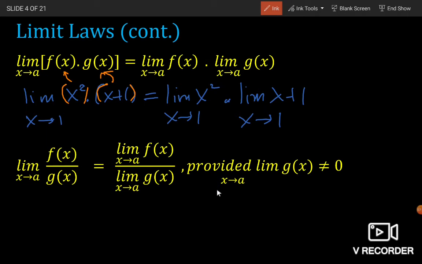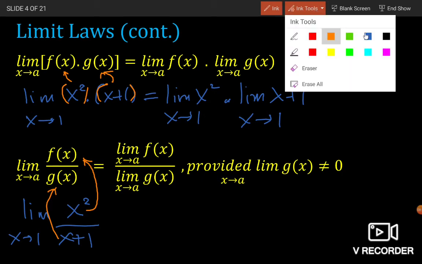So as an example, for the limit of f of x, let's say x squared, and g of x can be x plus 1, as x approaches 1. We treat here x squared as f of x and x plus 1 as g of x.